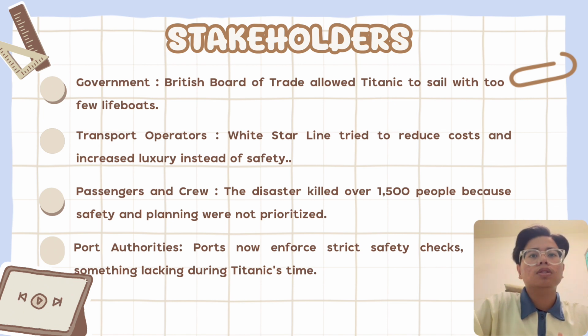And then passengers and crew. The disaster killed over 1,500 people because safety and planning were not prioritized. And then the last one is port authorities, where ports now enforce strict safety checks, something lacking during Titanic's time.